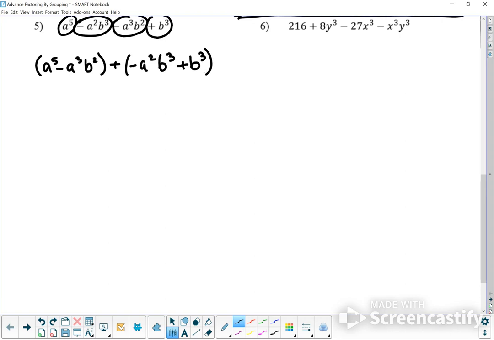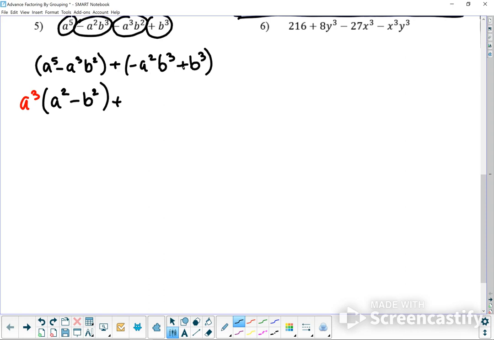Okay, so let's see what we can take out from there. So it looks like I can take out a to the third, and left would be a to the second, and left would be b to the second, plus.